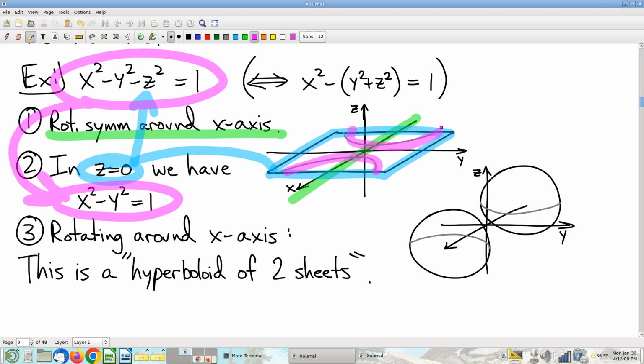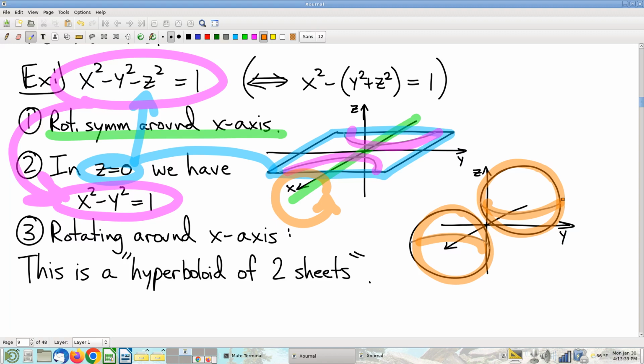We have rotational symmetry around the x-axis, so I can just rotate that around the x-axis. And here again, you have to use some geometric intuition. These two curves, when they rotate around the x-axis, don't rotate into each other like the last example. They rotate parallel to each other, and the resulting picture is two separate things.